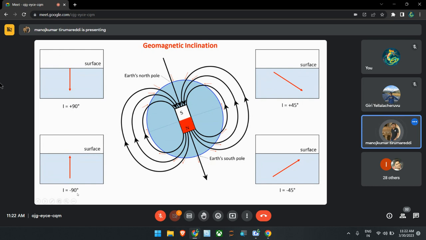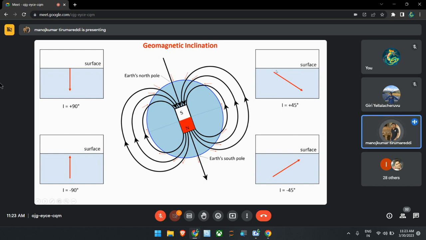I is equal to minus 90. And in the intermediate latitude, I is equal to minus 45. It is making some angle, that minus 45-degree angle, with the surface. And if you go further north, now the geomagnetic field vector is going downwards towards the north pole.